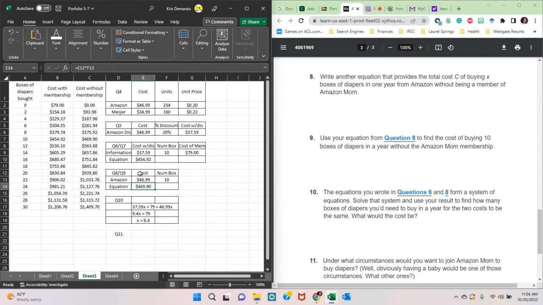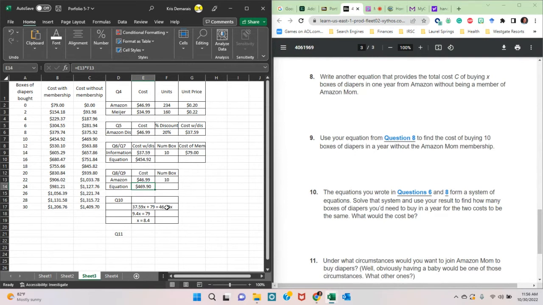So what you do is you take the value of this equation right here, which is 37.59 times x plus the 79 equals 46.99x. So it's this times this, right? So x represents the number of boxes.